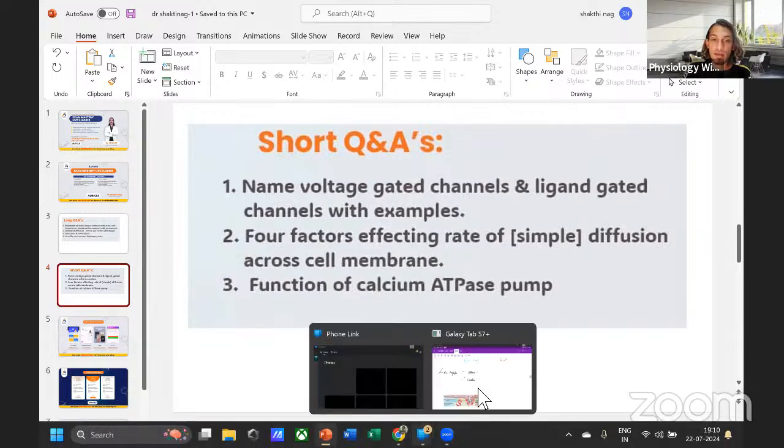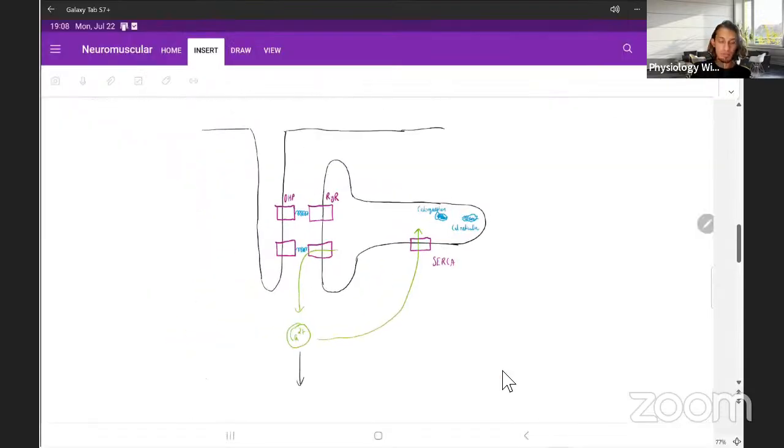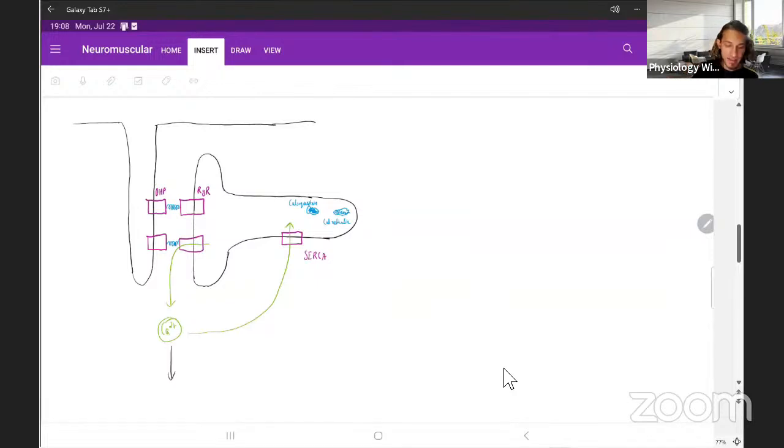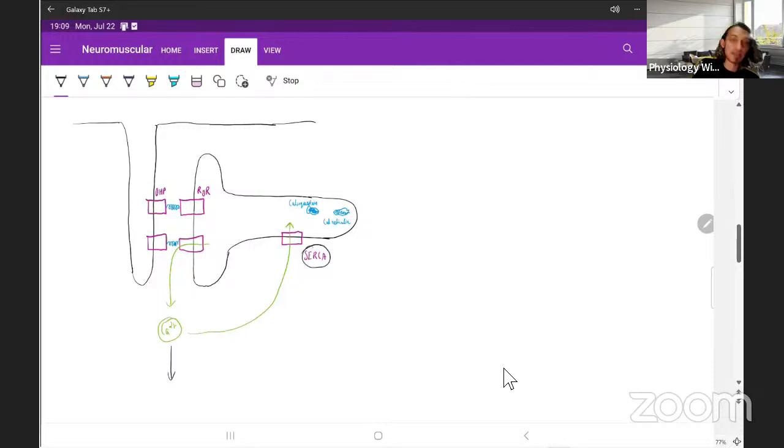You can see over here. In your muscles, your dihydropyridine receptors, ryanodine receptors, ultimately calcium comes outside. Now that calcium which comes outside should be actively taken back into your sarcoplasmic reticulum. That is by this particular protein, which is SERCA.